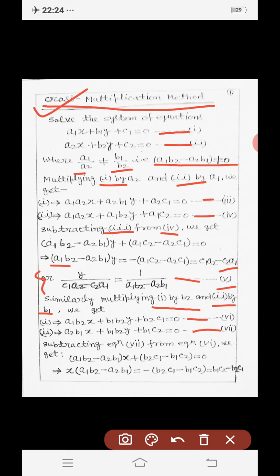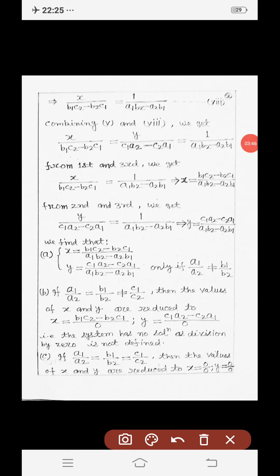Subtracting equation 7 from equation 6, we get (a1 b2 minus a2 b1) x plus b2 c1 minus b1 c2 equal to 0, and this implies that x into (a1 b2 minus a2 b1) equal to b1 c2 minus b2 c1.